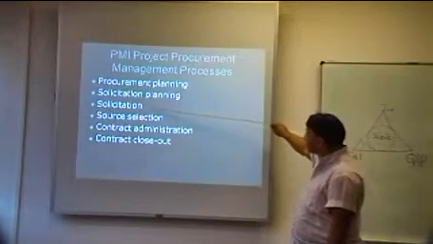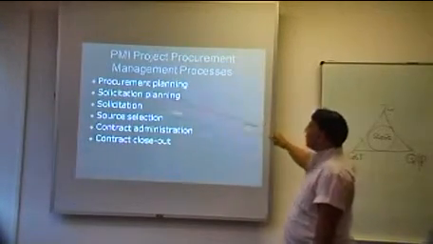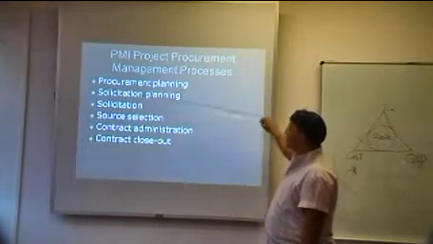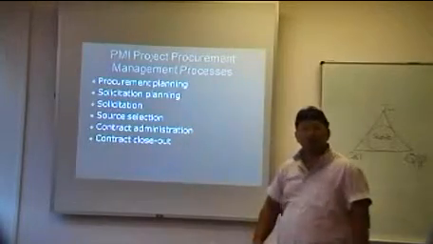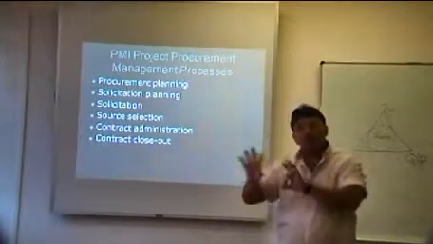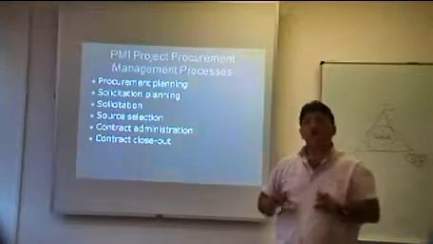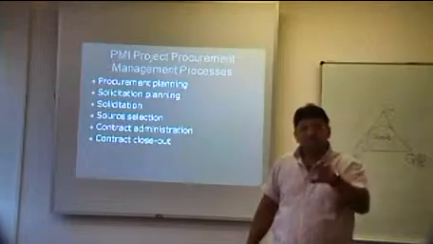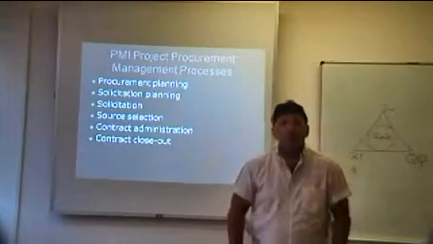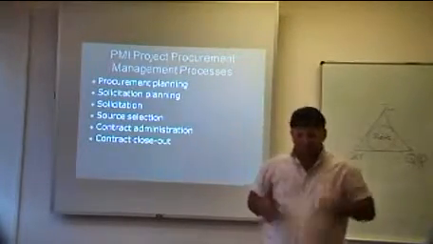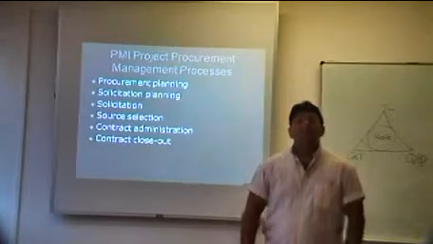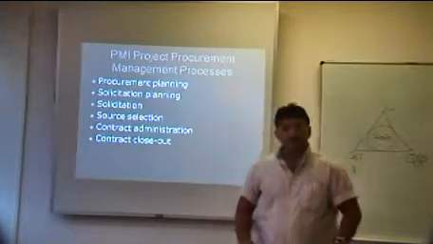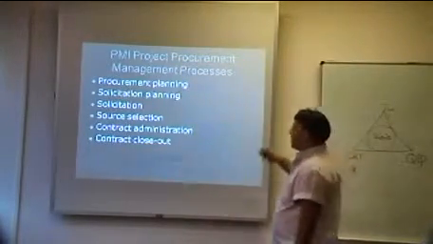Then you do the solicitation based on that outcome, and then you will do your source selection. Now, if you say solicitation, you mean you now go out on tender. You will go out on tender based on your solicitation strategy or plan, and based on that, you will go and evaluate your sources, and when you evaluate your sources, you will then select based on certain criteria.